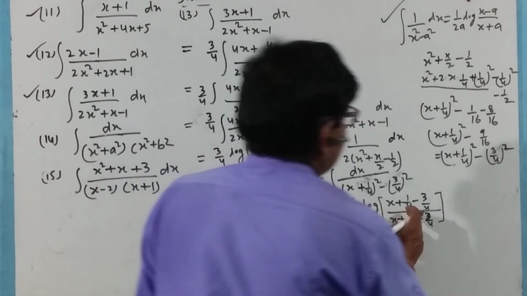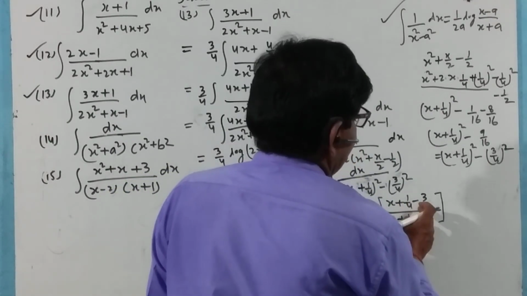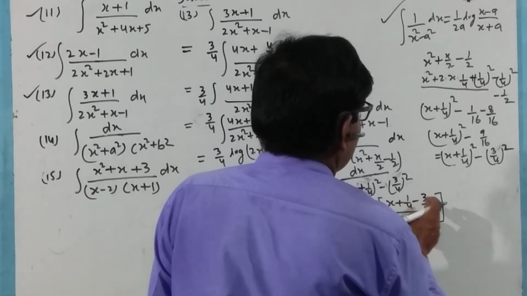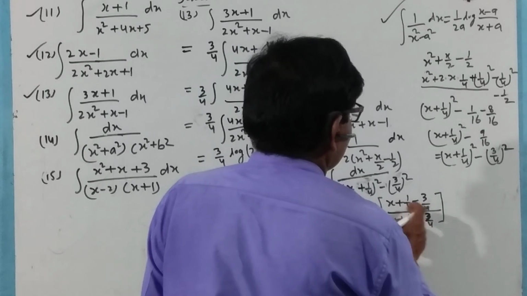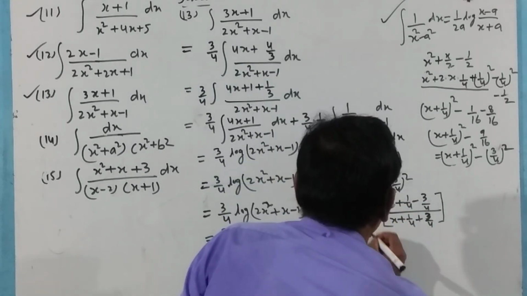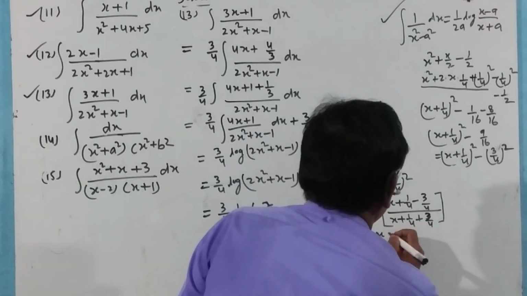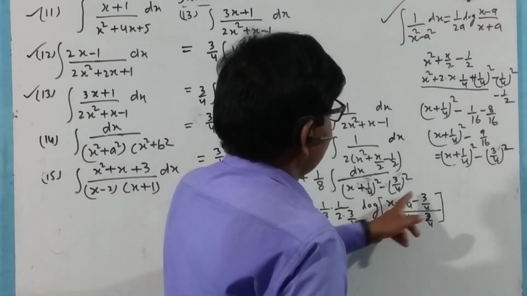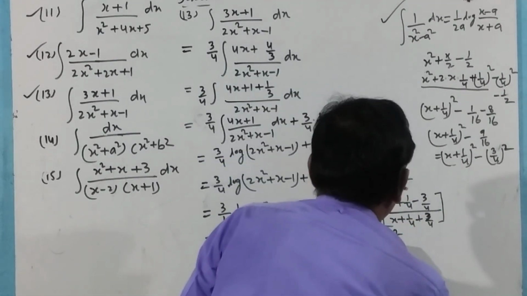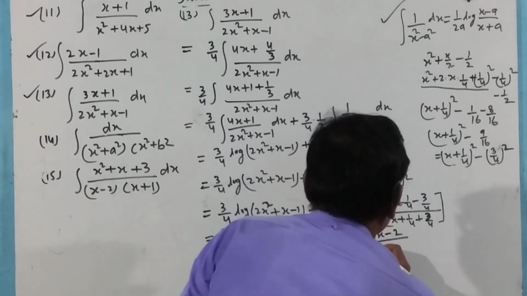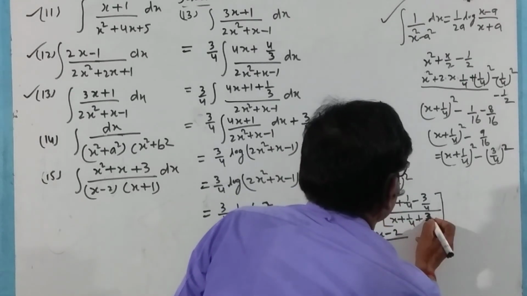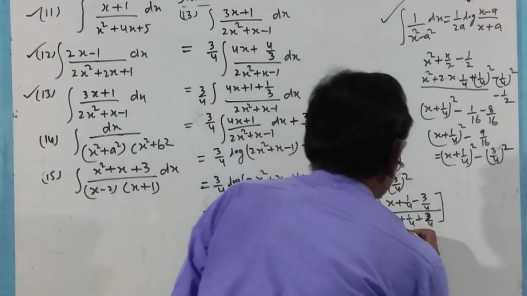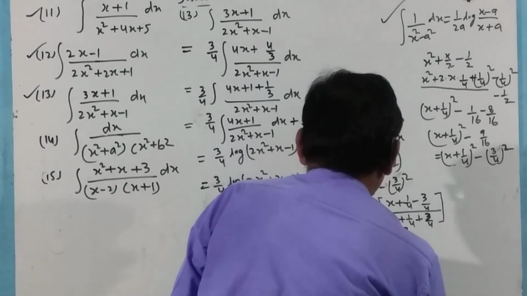After solving, 4x and 1 minus 3, that is minus 2, can be written as 4x minus 2 divided by 4x plus 3 plus 1, 4 divided by 4 cancel, so these terms come here.